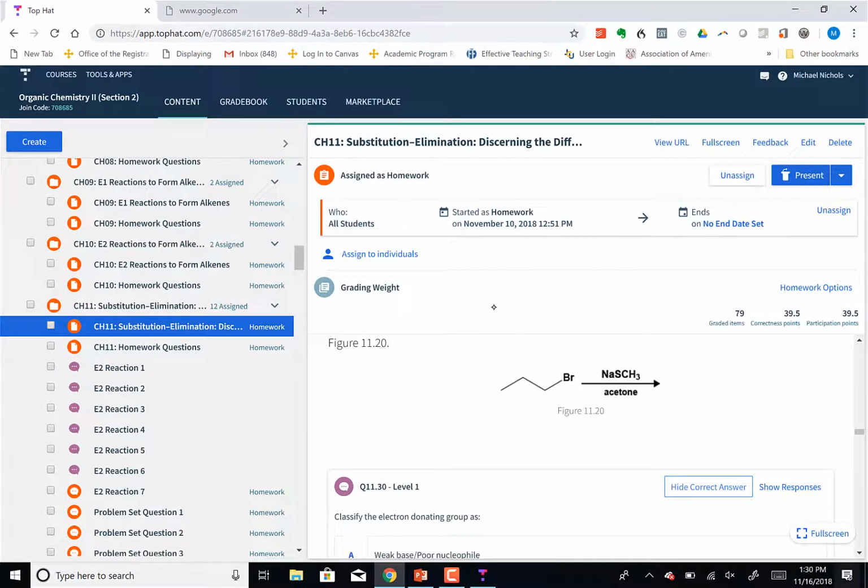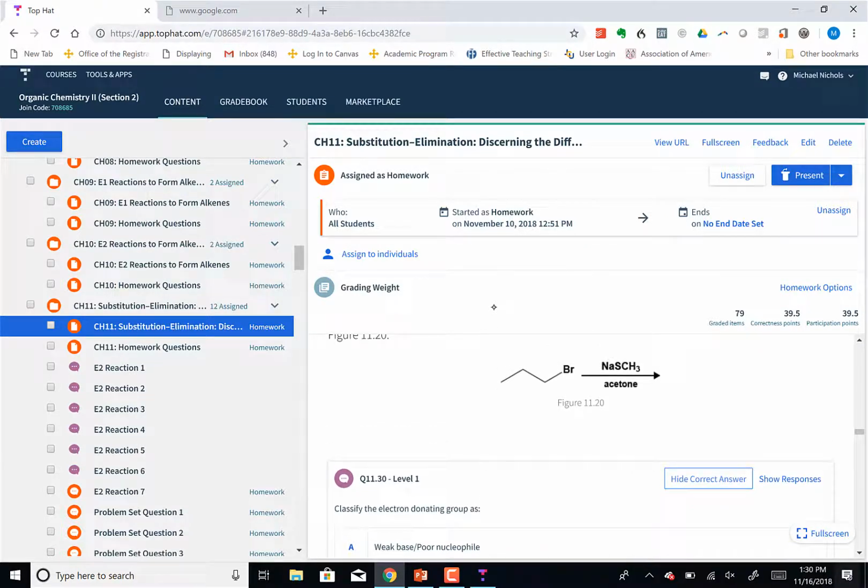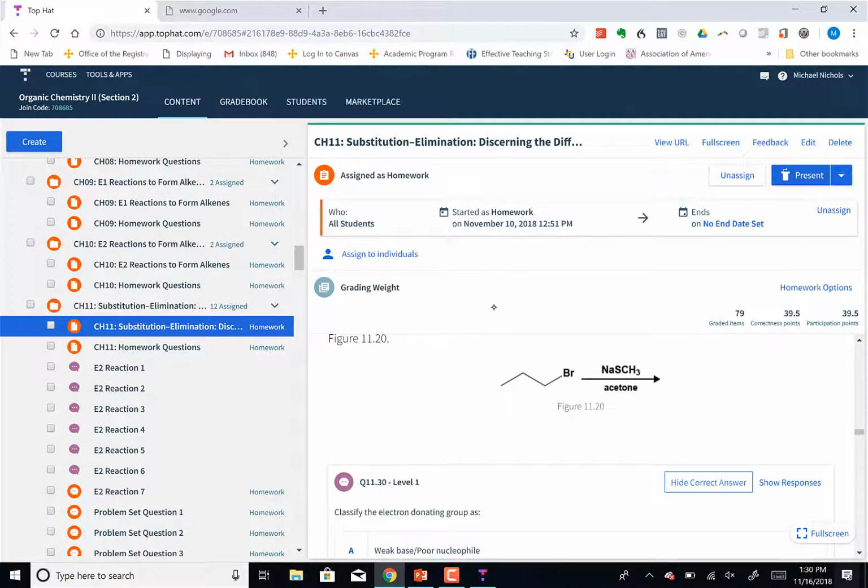And that's still going back to this problem. So in this class, if we see a negative charge, we should just assume it's a strong base, unless it's a halogen. To be honest with you, over the course of the semester, our strong bases are going to be alkoxides, and they're going to be O minuses, N minuses, C minuses, and H minuses.